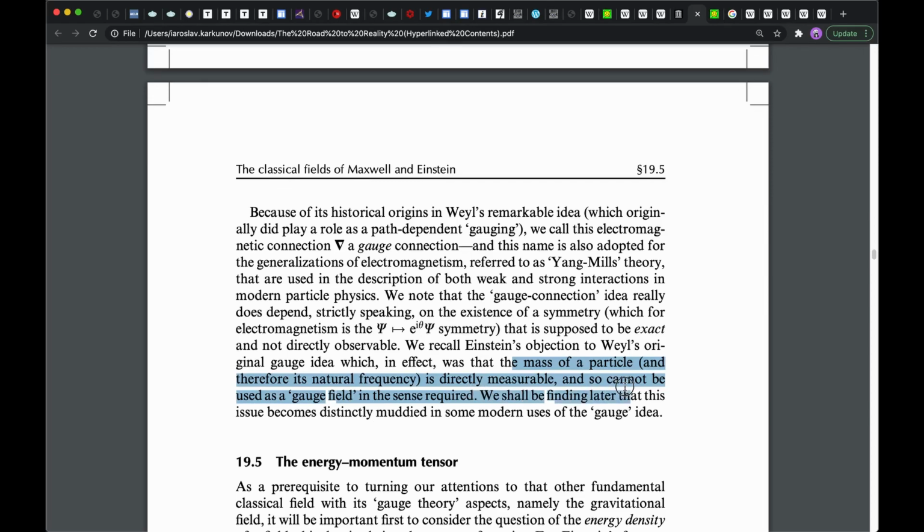And we shall be finding later that this issue becomes distinctly muddied in some modern uses of the gauge idea. Okay, so I basically concluded that we need to recall the question about the mass afterwards somewhere. I don't know where to apply that fact he talked about here, but probably he will link us later to that paragraph.